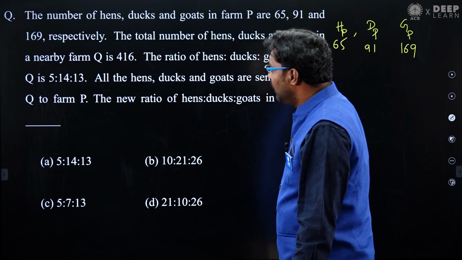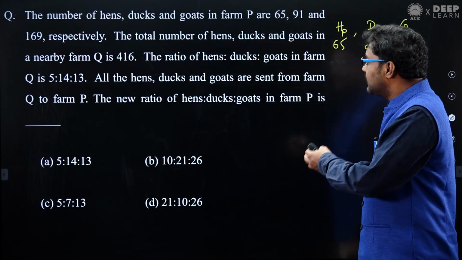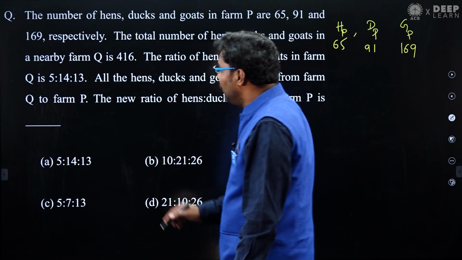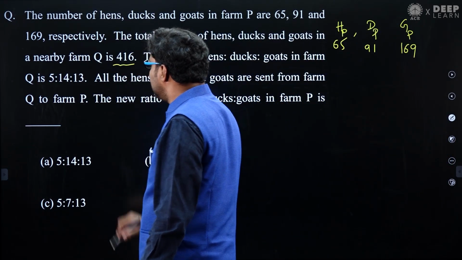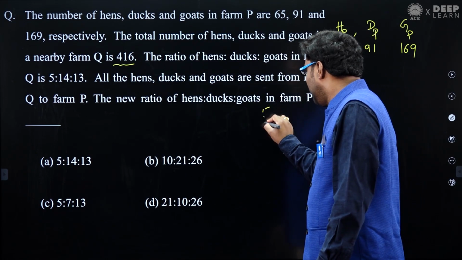Fine. Then they are asking about the ratio of hens, ducks, goats in form Q. Form Q totally 416 is available.